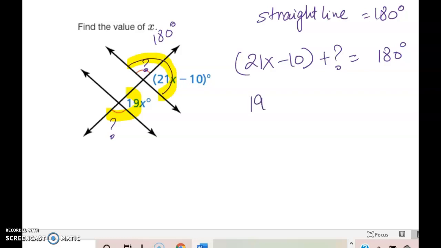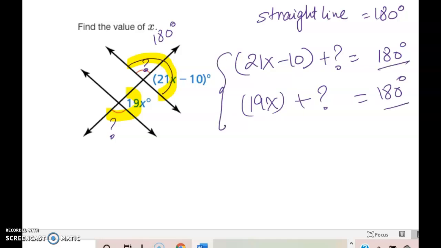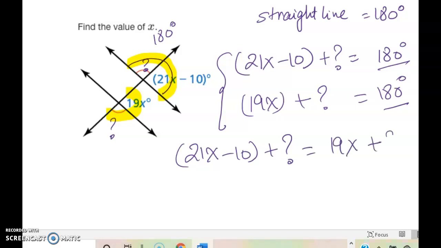I can say 19x plus question mark is equal to 180 degrees, right? Now, based on these two, both of them are equal to 180 degrees. I can use substitution and I can write 21x minus 10 plus question mark is equal to 19x plus question mark. Why? Because both of them are equal to 180 degrees. So I did substitution.